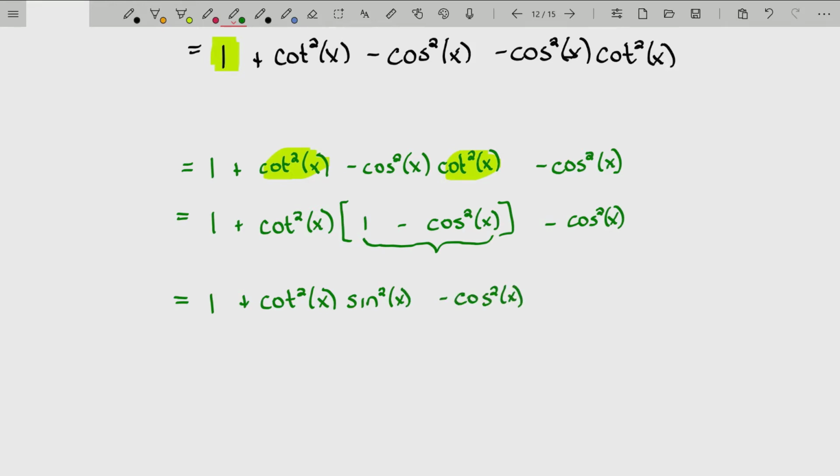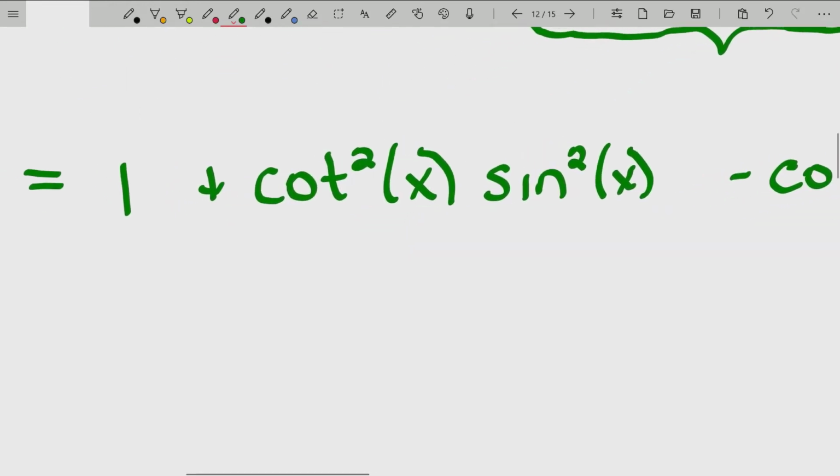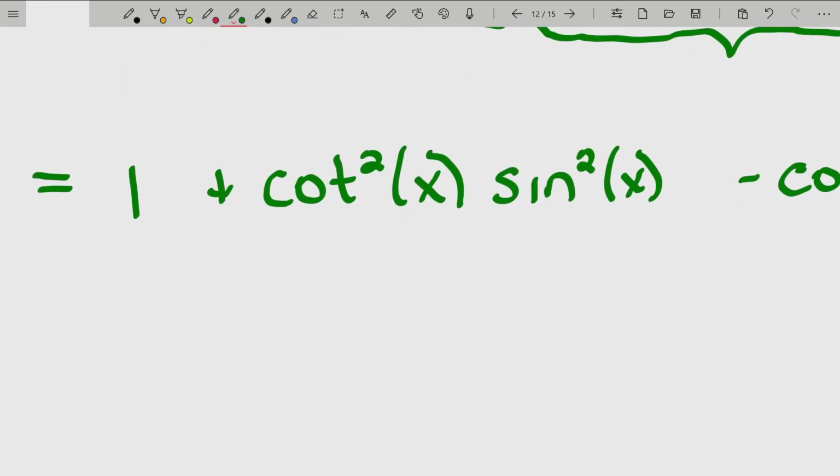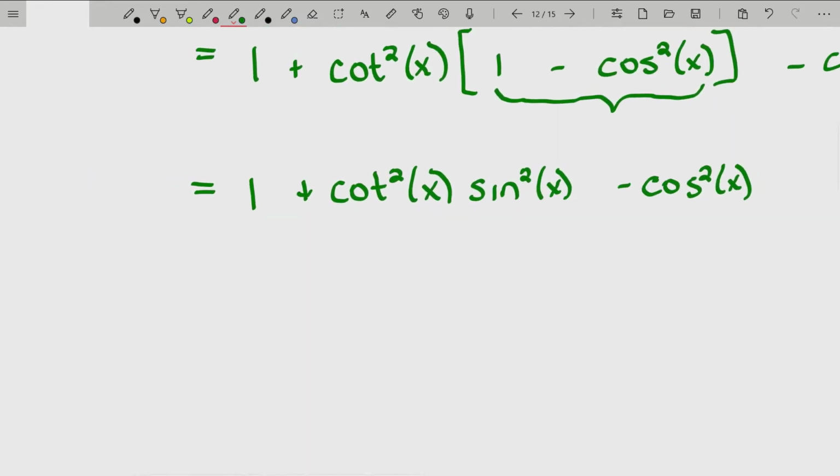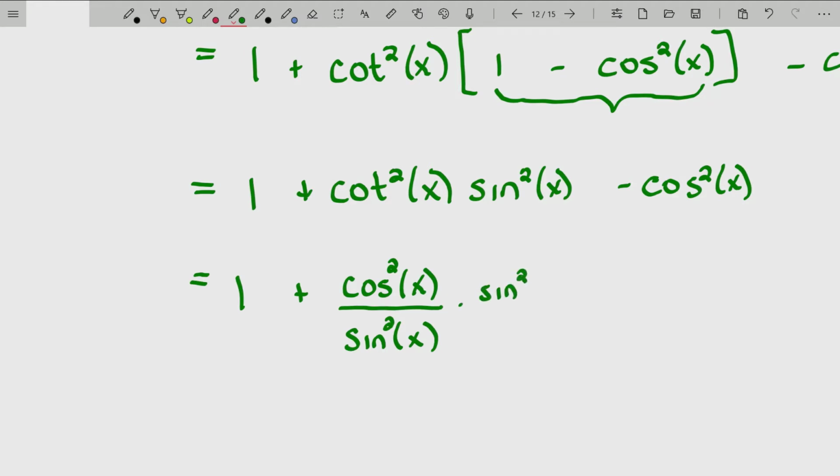And if you're stuck at this point, then change the cotangent to be written in terms of sines and cosines. The cotangent, as we know, is the cosine of x over the sine of x. But it's not the cotangent, it's a cotangent squared. So it's going to be cosine squared over sine squared. And we still have the sine squared here, minus cosine squared.